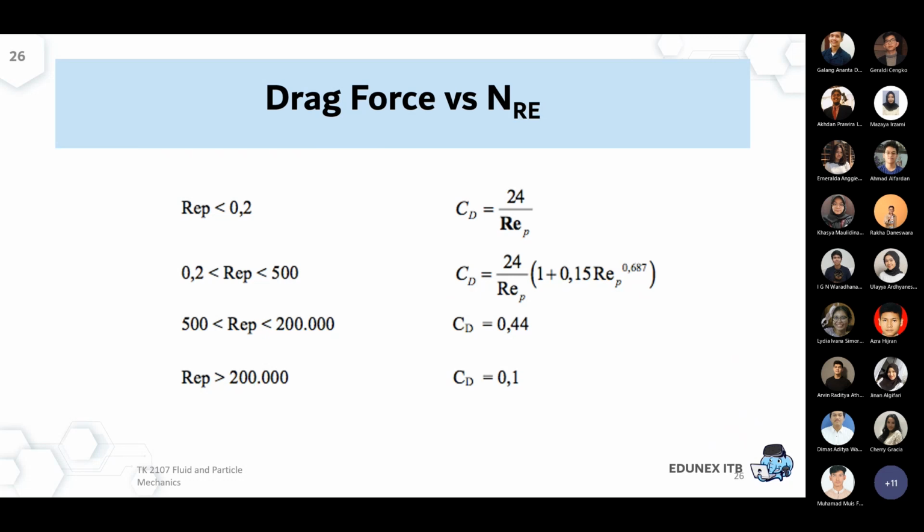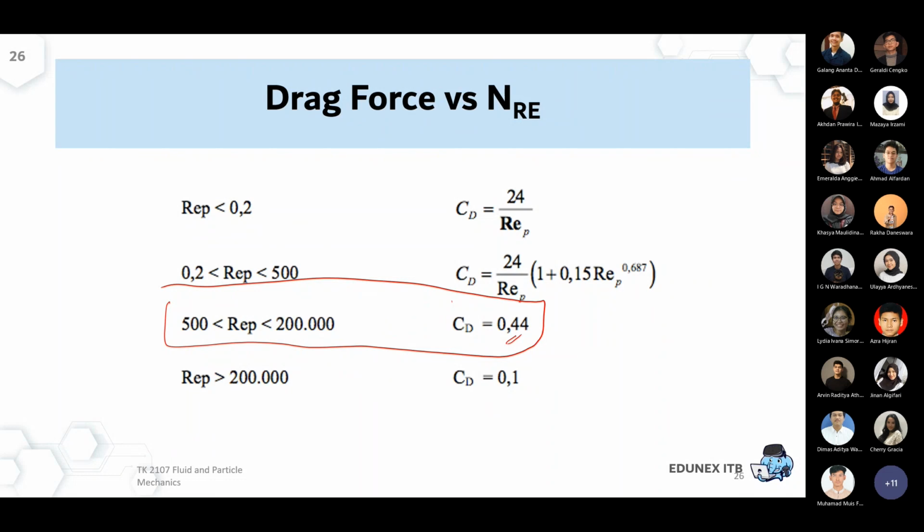So this is the summary, the summary of the drag force versus NRE. As you can see over here, usually this is used as a common starting point of an assumption. Why? Because the CD is very simple. It can be assumed as 0.44, so that you can finish the first trial of the calculation quite fast.